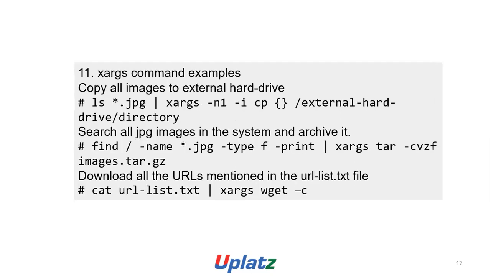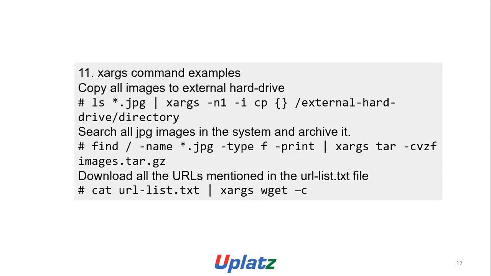Xargs command examples. Copy all images to an external hard drive: ls *.jpg | xargs -n1 -i cp {} /external-hard-drive/directory.